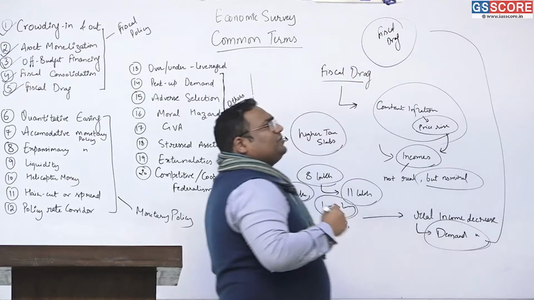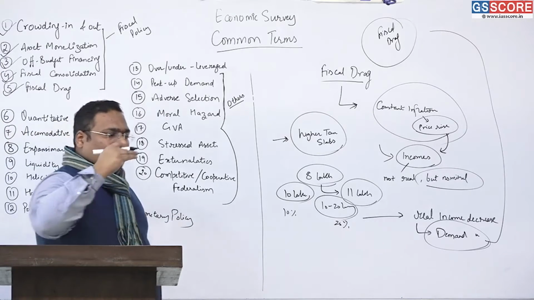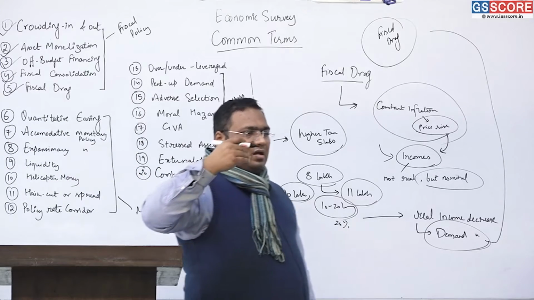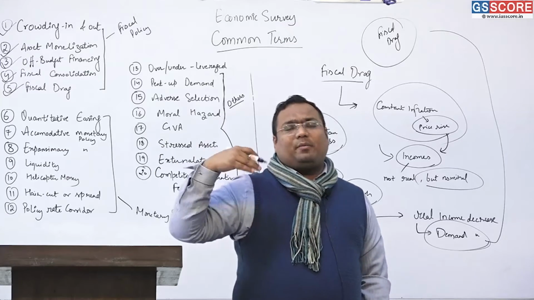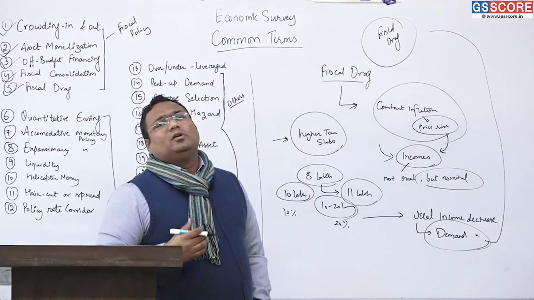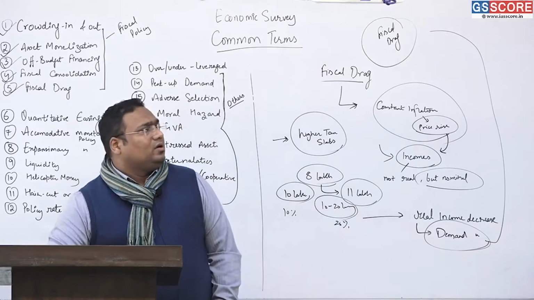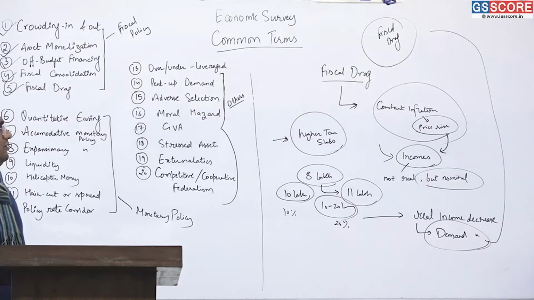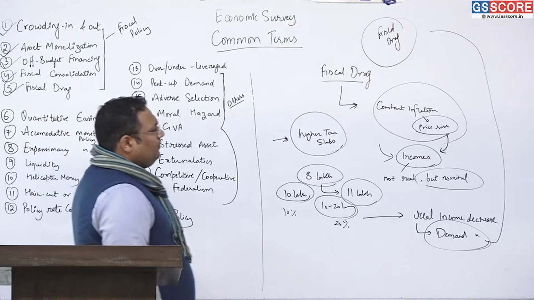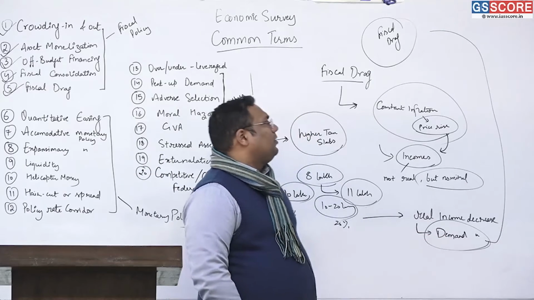Fiscal drag happens in countries which have very progressive tax slabs, where taxes increase a lot in each slab, and there are several slabs. So a lot of people will change their slab in that case. So fiscal drag happens when there is inflation for a long time and there is a decrease in real demand because of that.